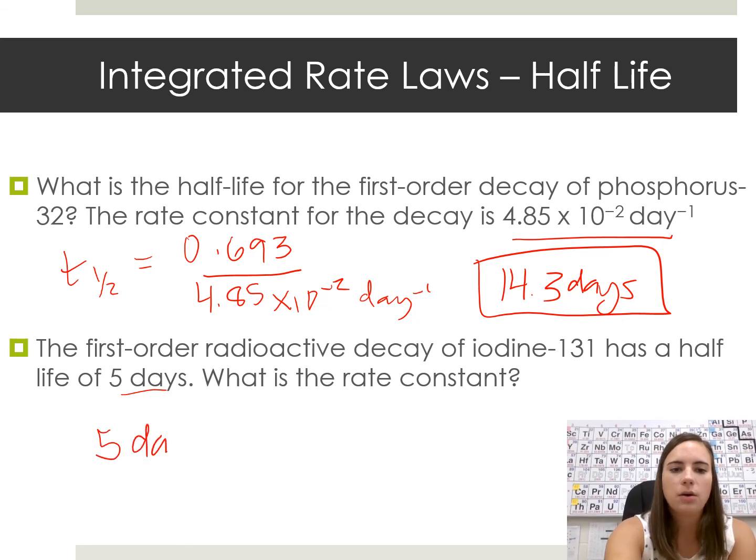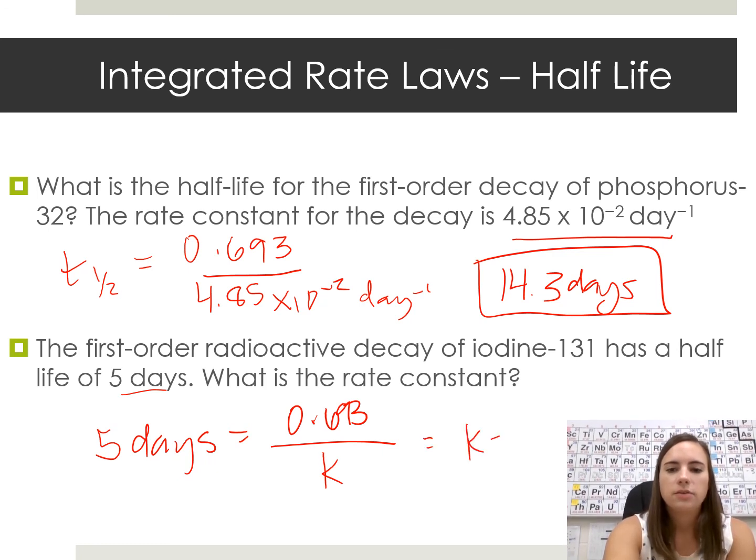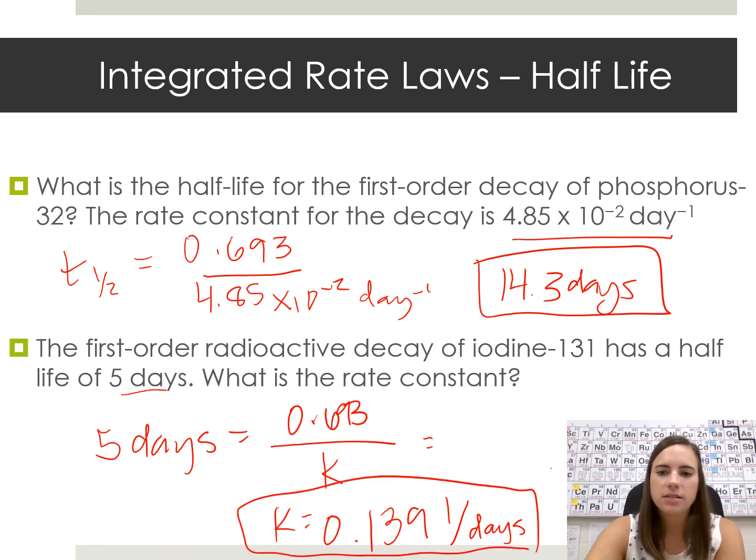This time I know that my half-life is 5 days, and since this is first order and the rate constant doesn't depend on concentration, I can use the half-life to calculate K. So K equals 0.139 1 over days. It's first order, so the rate constant is 1 over time.